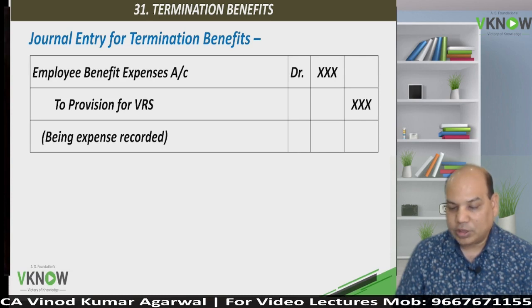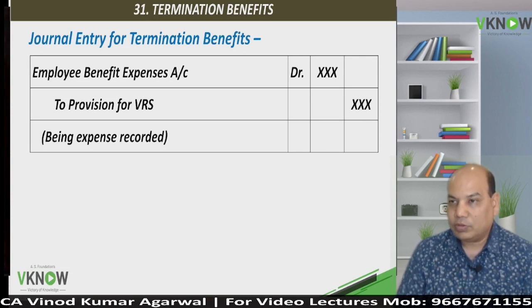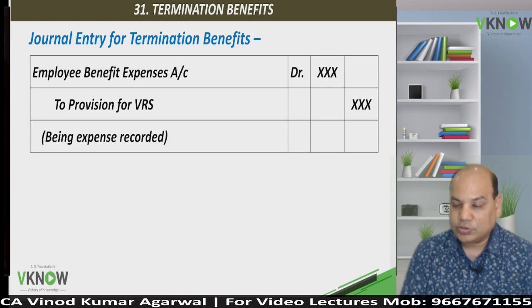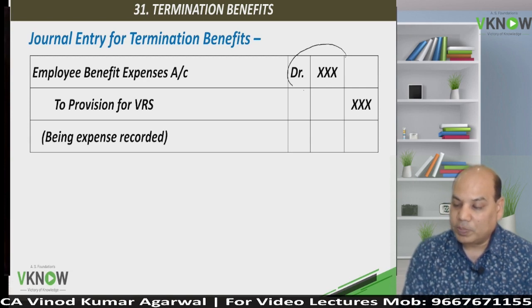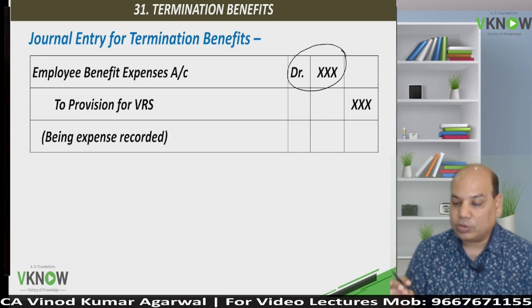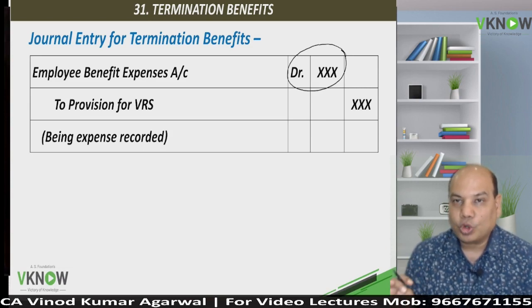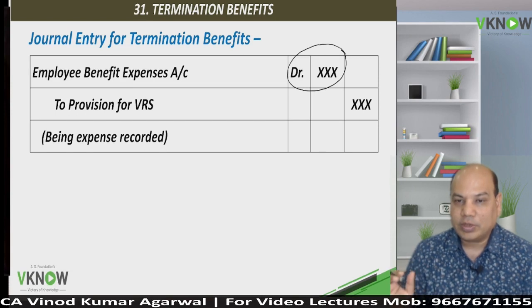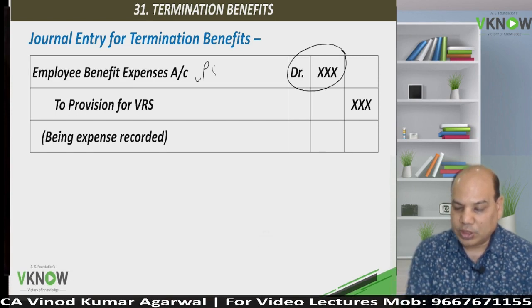And the last point is journal entry for termination benefit. We will have to create one liability in the books. What entry do we pass when we have to create a provision for termination benefit in the book? We will pass an entry: employee benefit expense account debit, and this goes to P&L account.